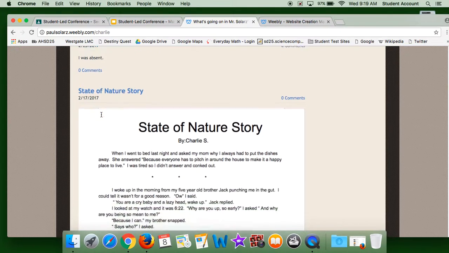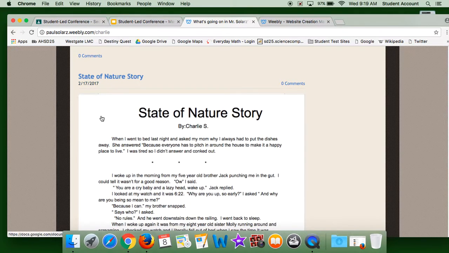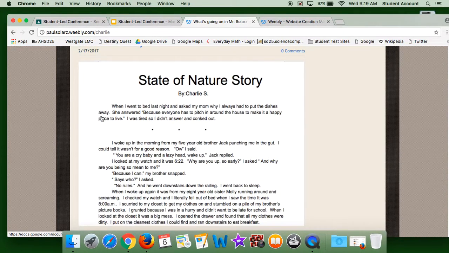The State of Nature story was a story where we woke up and we were in a state of nature and we had to adjust to it, but we were doing all the things right.